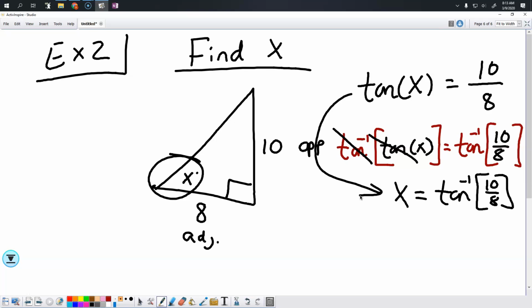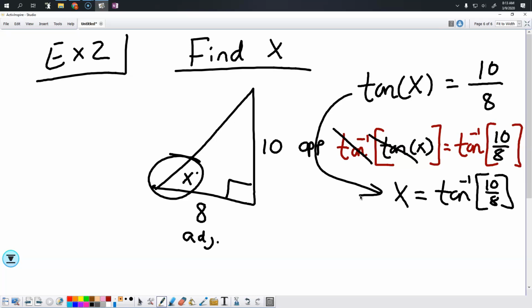So, once again, if you're using cell phones, you're going to do the number first. So do 10 divided by 8. And then second tan. If you're using the blue calculators, you're going to push second tan first and then 10 over 8. I'll walk you through it more slowly.